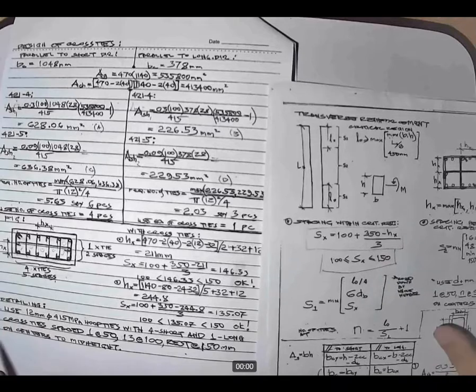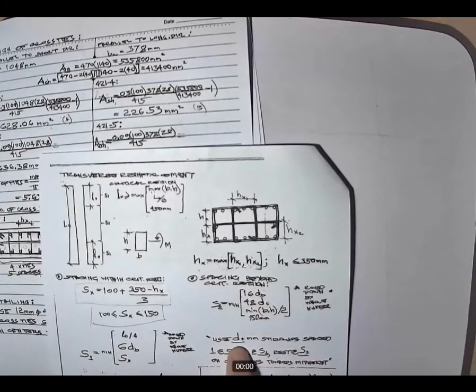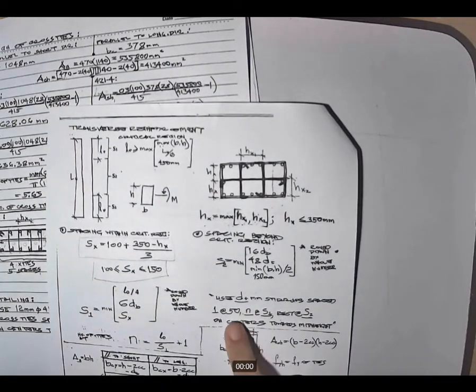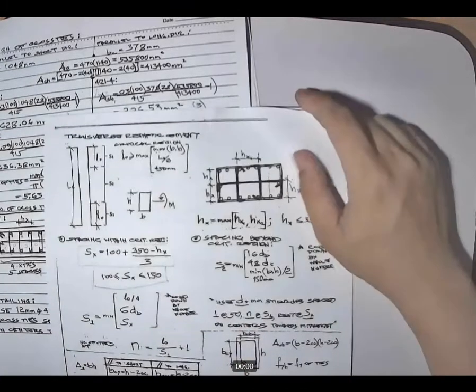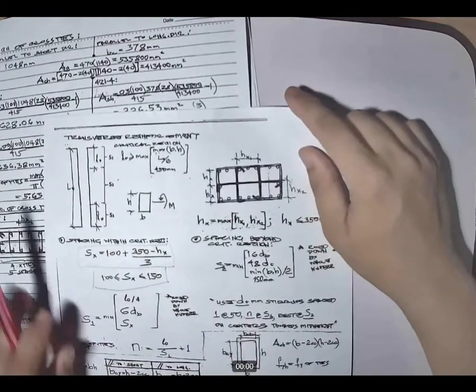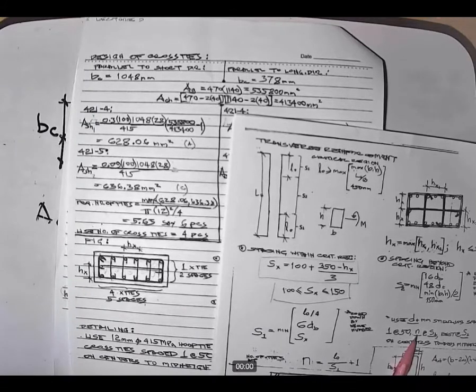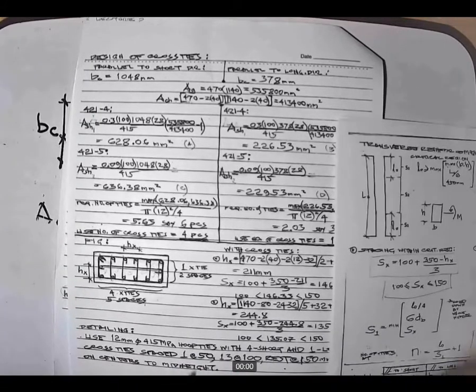Next, detailing na tayo. So, it says here, use diameter of tie, stirrups spaced 1 at 50, and at S1, rest at S2. Now, yung diameter of tie natin, remember, is 12 mm. Okay? Tapos, yung number of pieces, saan na natin kukunin yan?